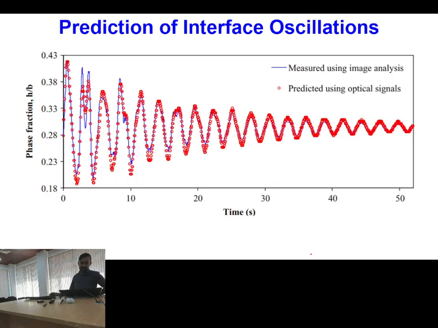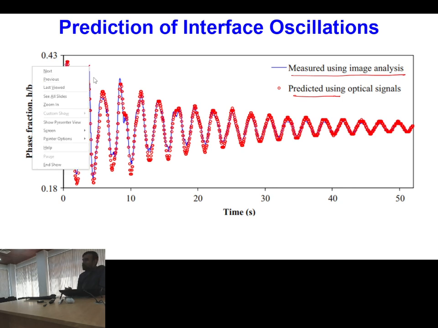So when your interface is oscillating, this blue colored line is the measured data using image analysis. When this interface was oscillating, high speed photography was done from the front face, and with that the location of the interface is predicted, and it is shown with this blue colored line.